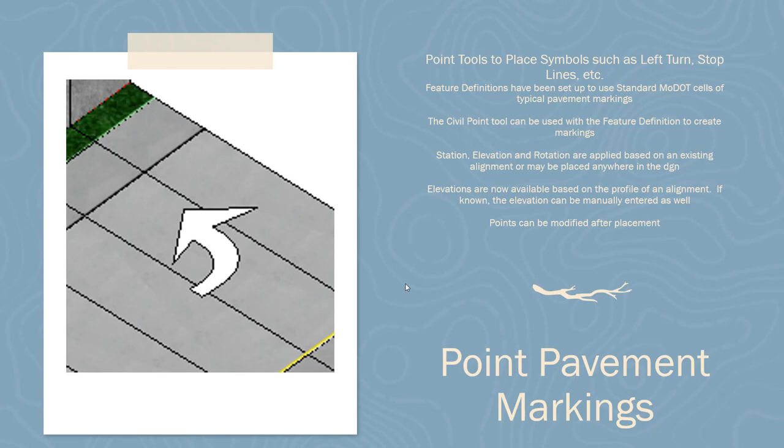Feature definitions have been set up to use the standard MoDOT cells of the typical pavement markings that we use. The civil point tool can be used with the feature definitions to create all these different pavement markings. They are based on a station, elevation, and rotation based on an alignment that we select in our drawing, and then we can report on those as well.